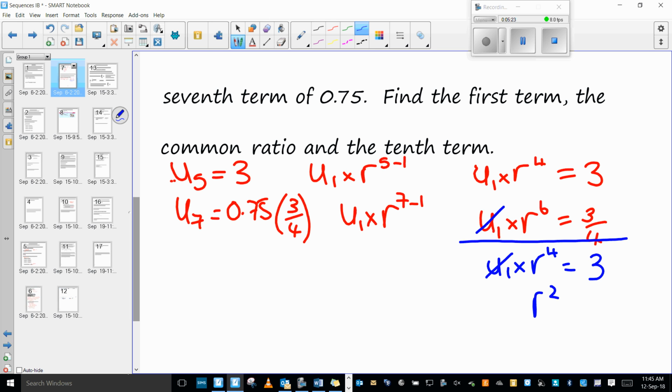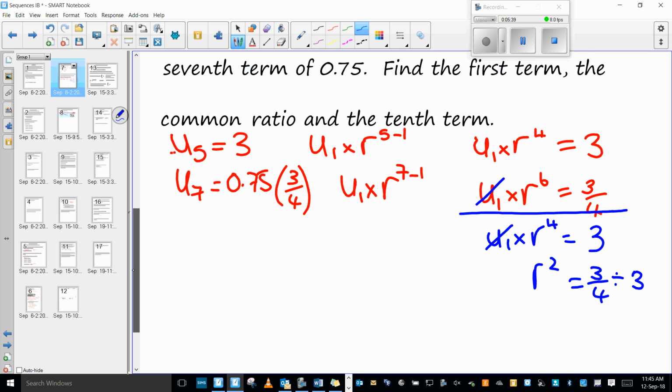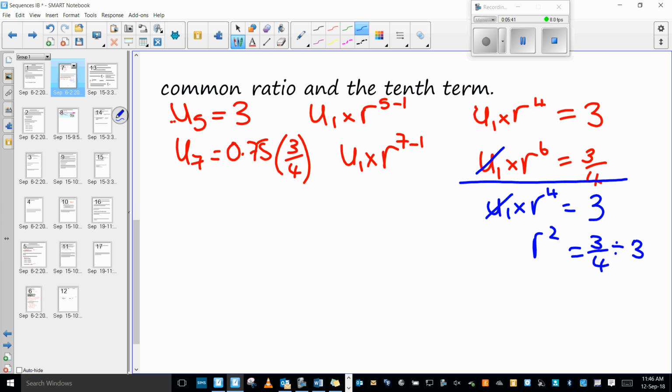This is where your dividing fractions comes into play. So that's equal to 3/4 divided by 3. If it's on the calculator paper, you can just put it in the calculator. Otherwise, you need to know how to divide. Remember, 3 is secretly 3/1.